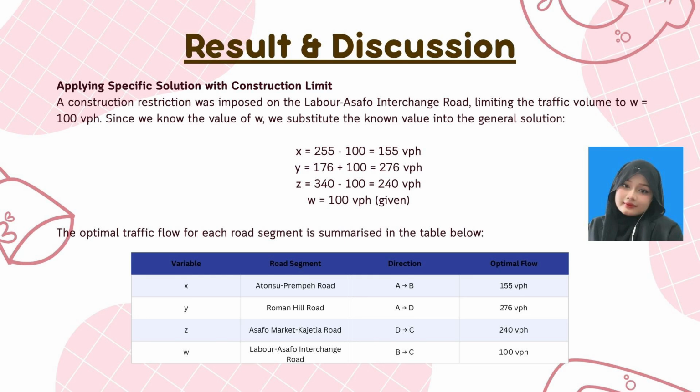This gives us the following optimal traffic flow values: X equals 155 vehicles per hour on Atonsu Prempe Road, Y equals 276 vehicles per hour along Roman Hill Road, Z equals 240 vehicles per hour on Asafo Market Kajetia Road, and W equals 100 vehicles per hour along the Labor Asafo Interchange Road.